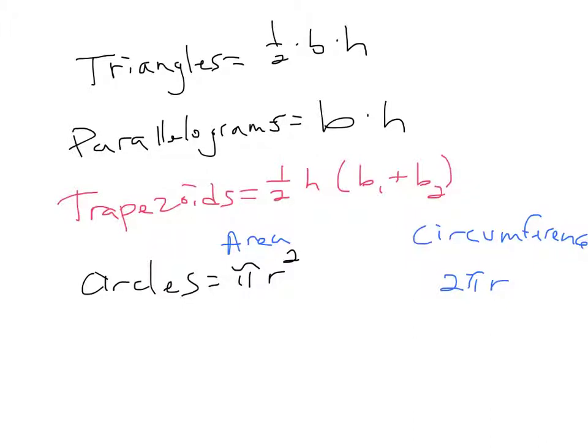That's different than every other perimeter for triangles and parallelograms and trapezoids, because for those other objects, you just add up all around. But for circles, you take 2 times pi times your radius, or pi times your diameter.